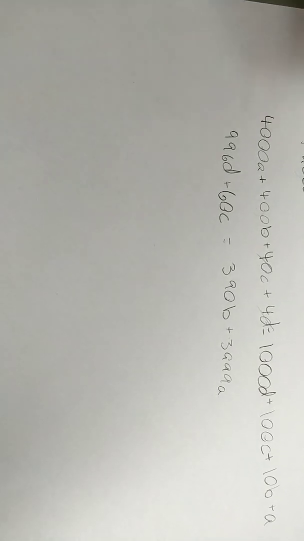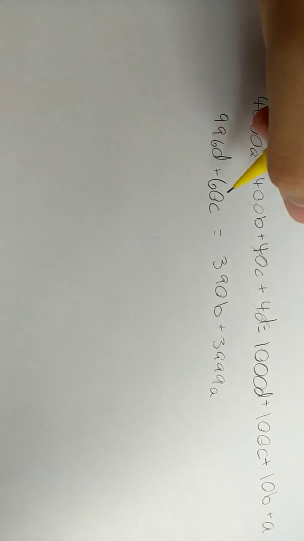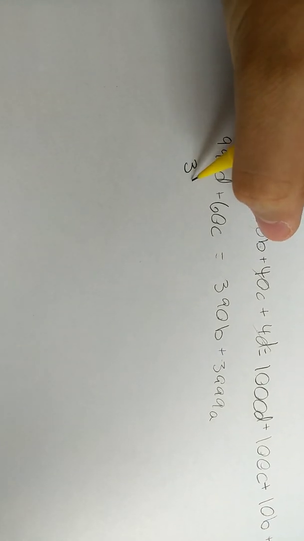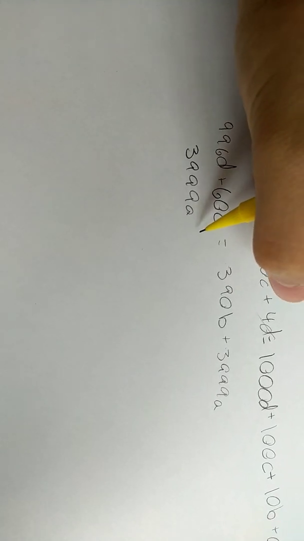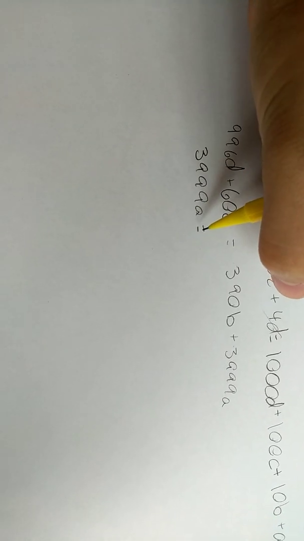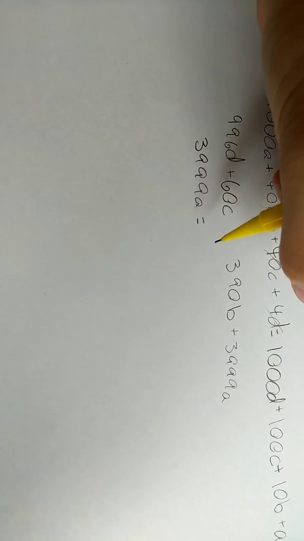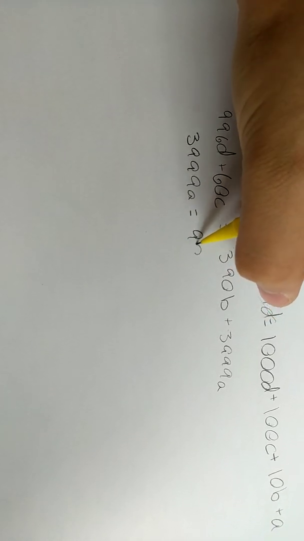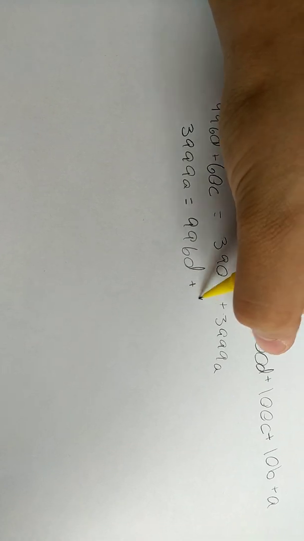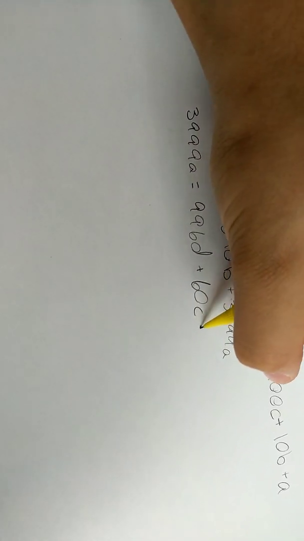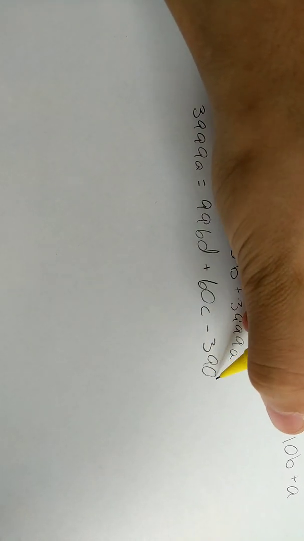So once I'm here, you can see that we can take out some common factors. I'm just going to write this all in terms of A right now. So it's going to be 3,999A is going to be equal to 996D plus 60C minus 390B.